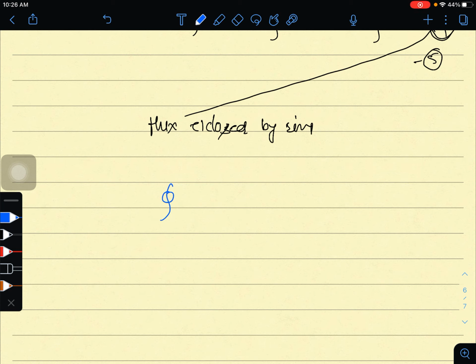With the help of this, we show that the integral of del phi dot dl is equal to 2 pi n, equation number 6, and this n is an integer.